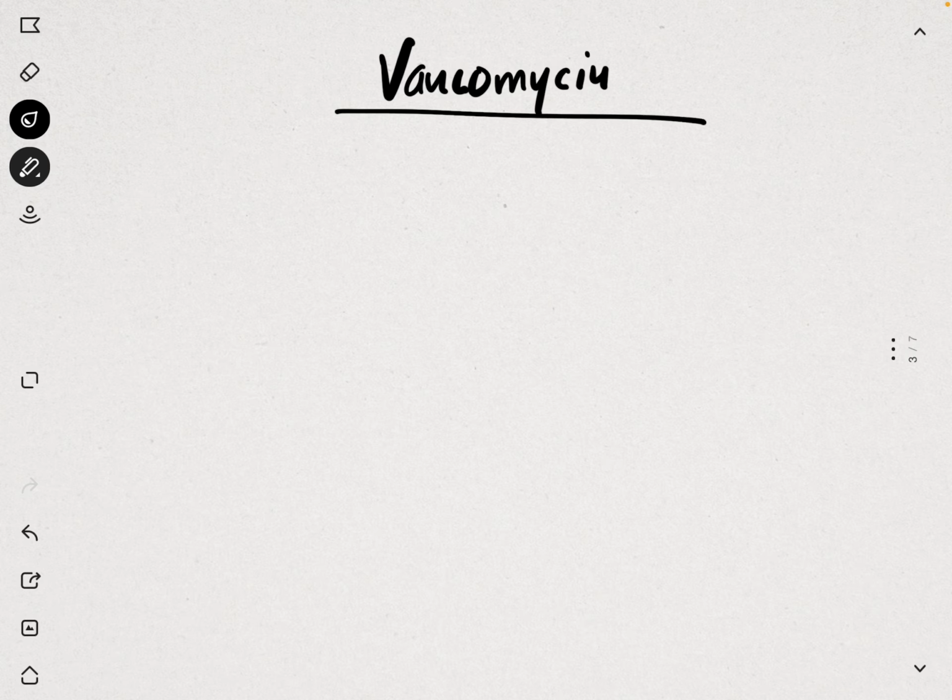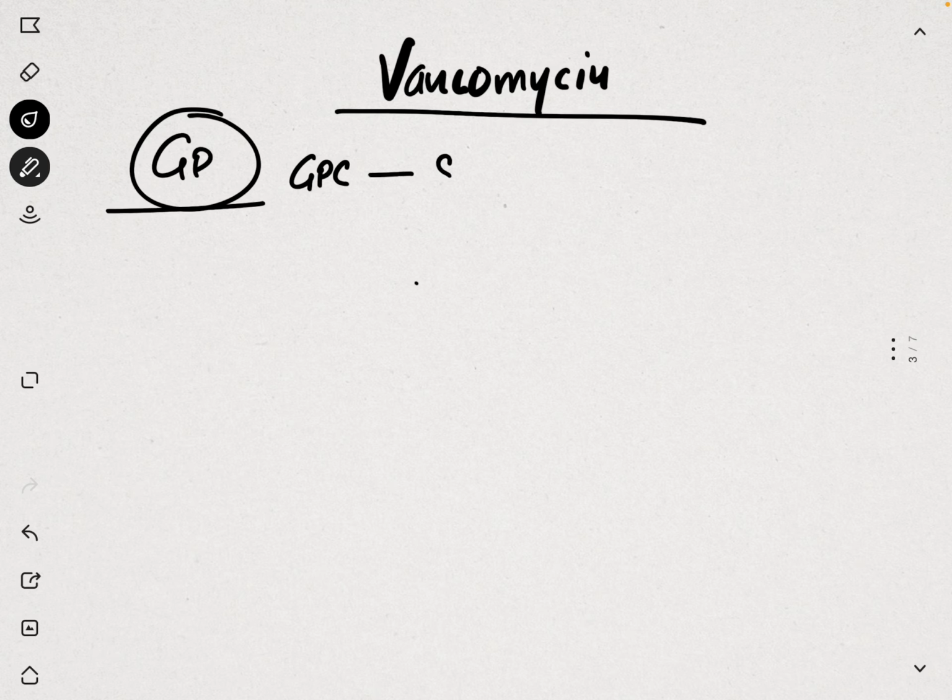If we talk about vancomycin and its spectrum, mostly it will be gram positive bacteria. Now that will include all important gram positive cocci that you can think of, like Staphylococcus aureus.